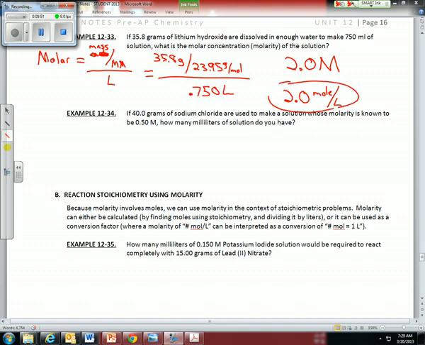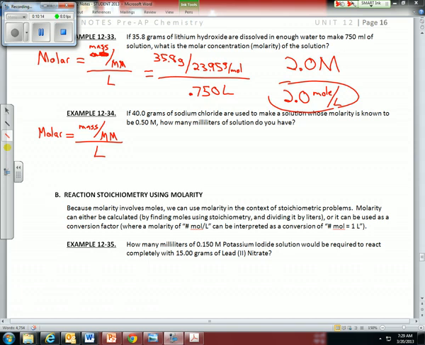Usually. Okay, 40 grams of sodium chloride are used to make a solution whose molarity is known to be 0.50. How many milliliters of solution do you have? Okay, so the formula we're going to use here is molarity equals mass over molar mass over liters.